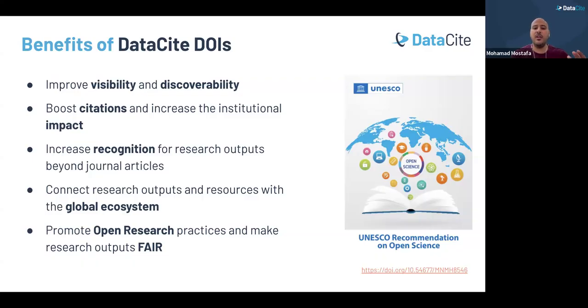And another important point here is regarding giving recognition. And this is, I think, very important from the angle of researchers and institutions as well. For example, in the context of research software and code, this should be considered an important research output produced during that research journey.